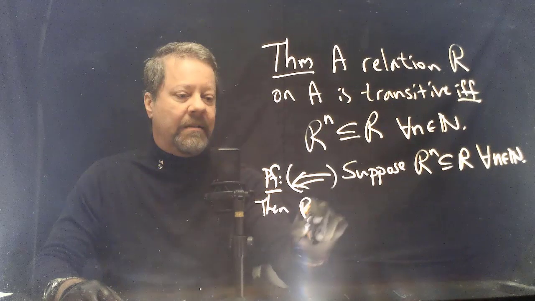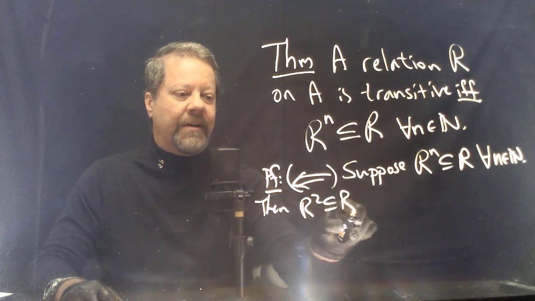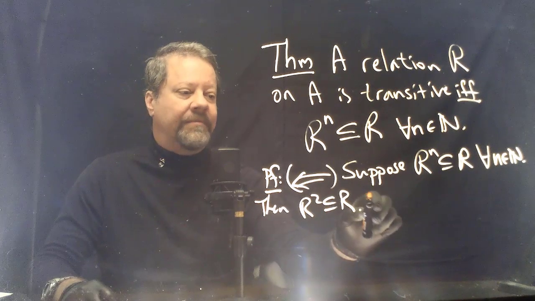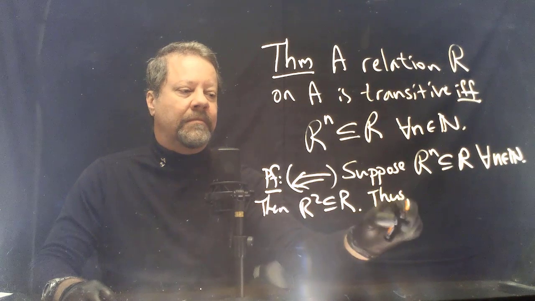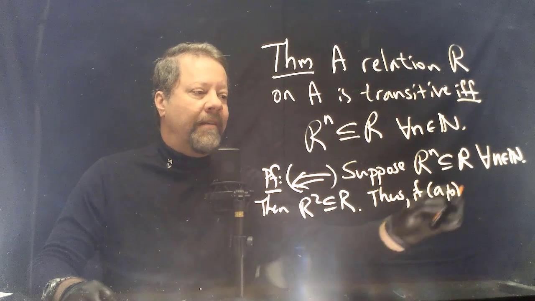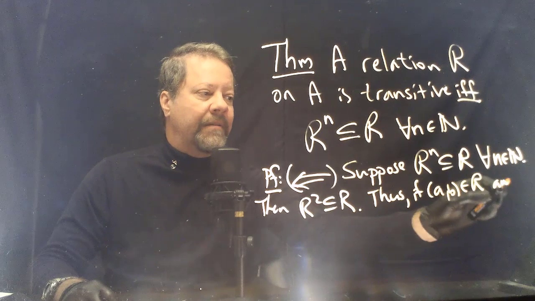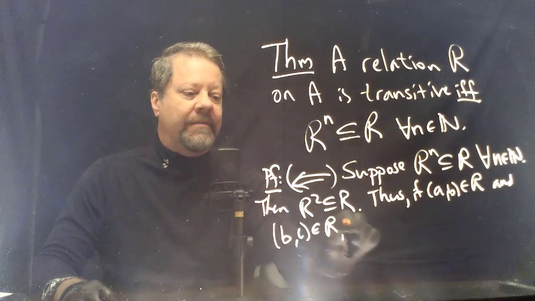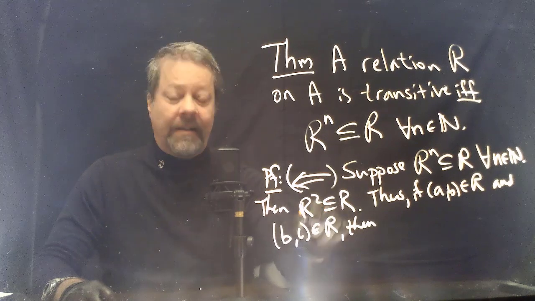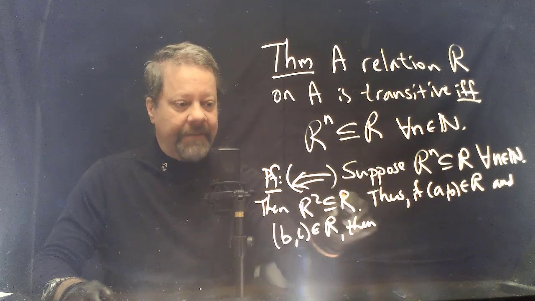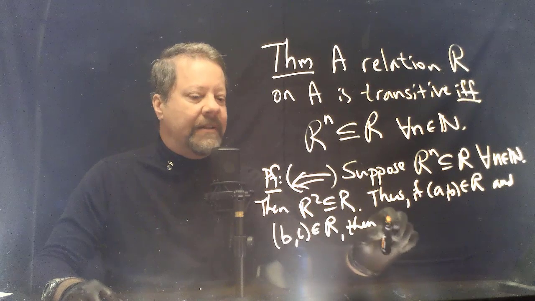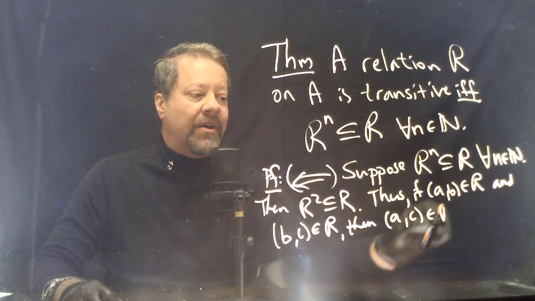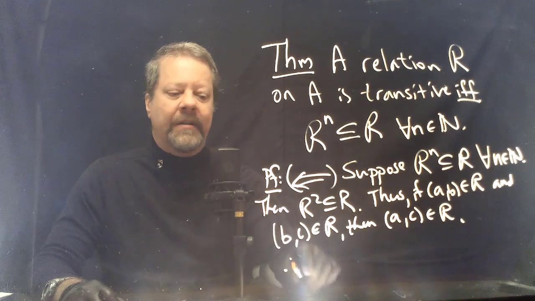Then in particular, R squared is a subset of R. Consequently, if (a, b) is in the relation and (b, c) is in the relation, then since the composition of R with itself is a subset of the relation, that implies that (a, c) is also in the relation. And that means we're transitive.